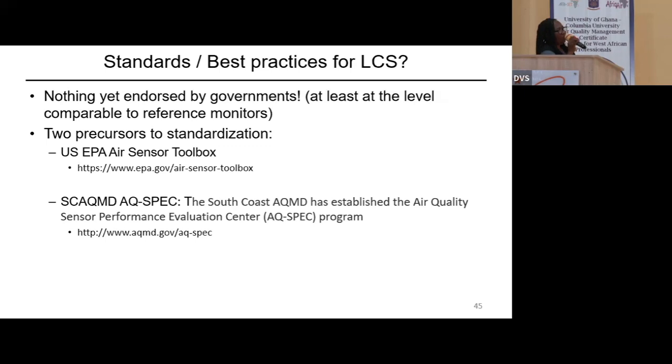So those two are the ones that we can use for now. You check those websites and you will see best practices about co-location and low-cost sensor deployment. There is a lot of information there on those sites.